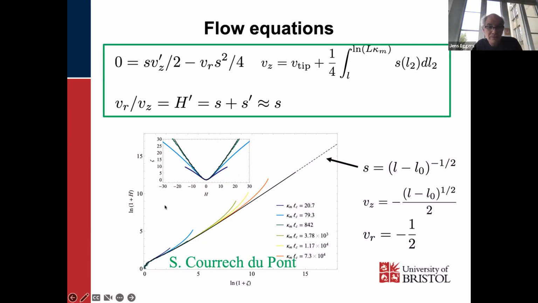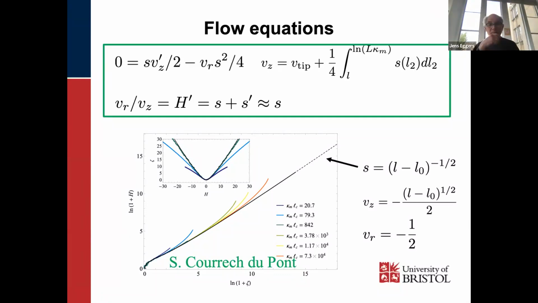And the different colored lines here is the result, without adjustable parameters, of these old experiments at different values of the curvature. And the curvature is varied simply by varying the flow strength. So in this selective withdrawal experiment, essentially what you do is you bring the bubble closer and closer to the orifice, and that increases the flow strength and makes the curvature higher.